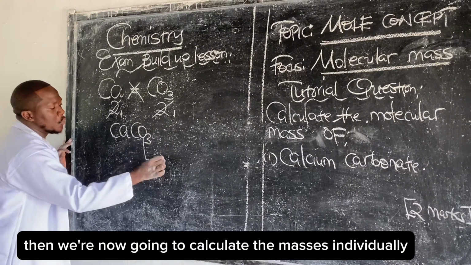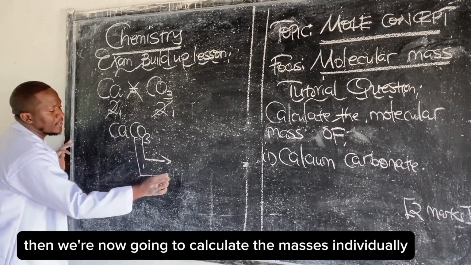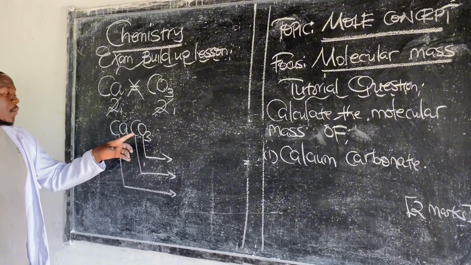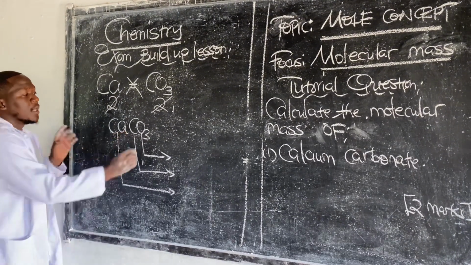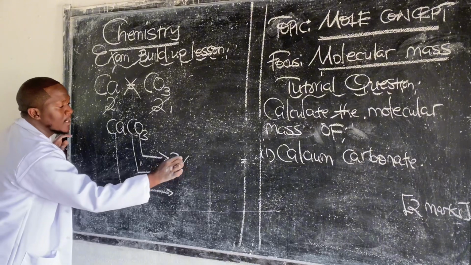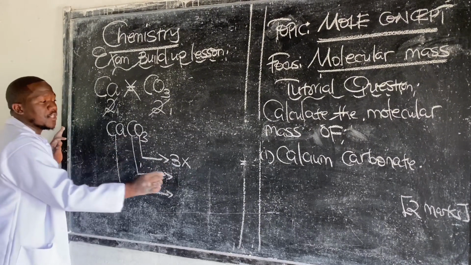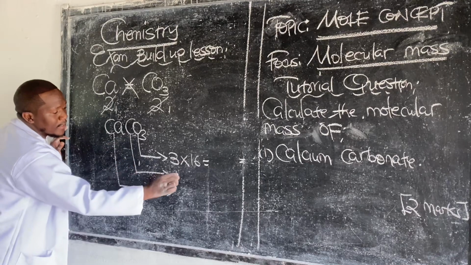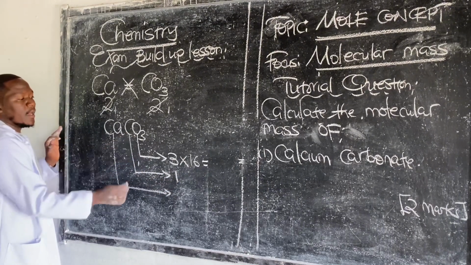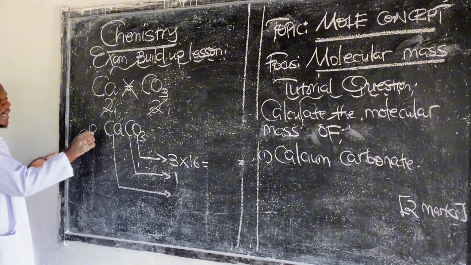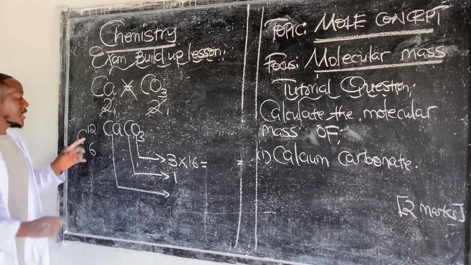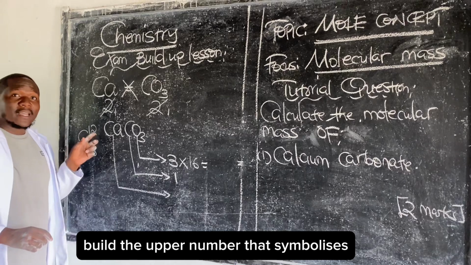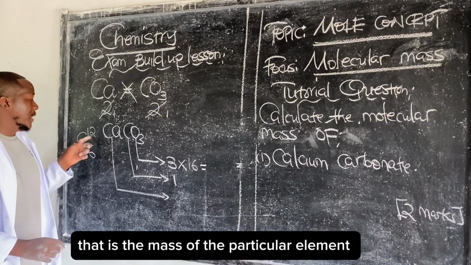Then we're now going to calculate the masses individually. So here we're going to find that we have oxygen, we have carbon, then we have calcium. For oxygen, we have 3 atoms multiplied by, like I said, oxygen has a 16, and then for carbon, this is a 1, since there is nothing here, but carbon on the periodic table has a 12, as well as a 6 here, so we're going to take a 12, being the upper number, that symbolizes the mass of the particular element.